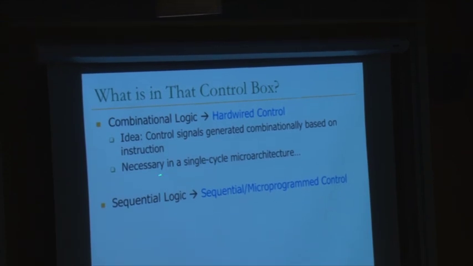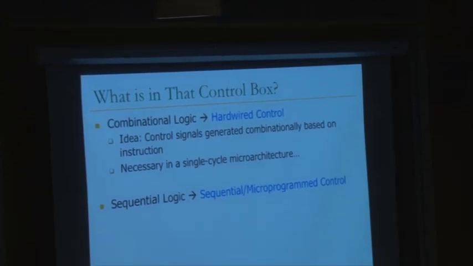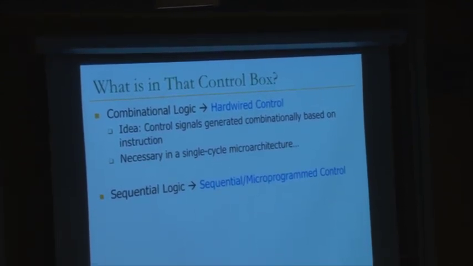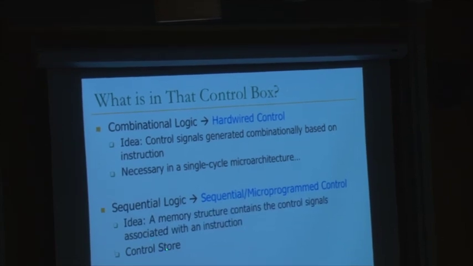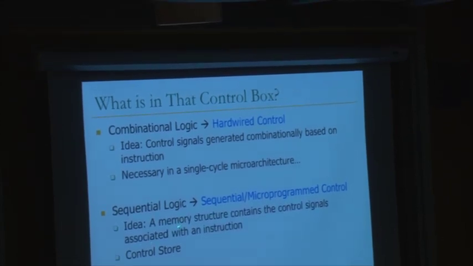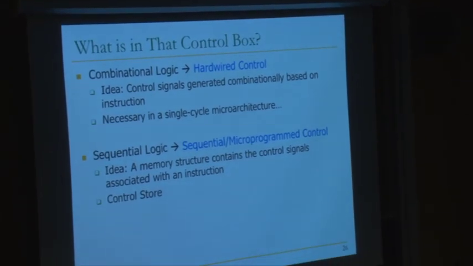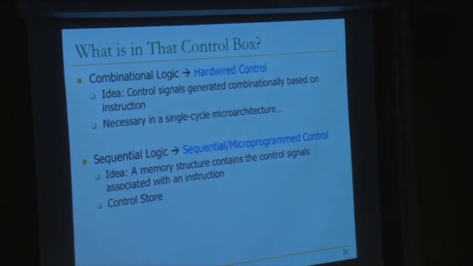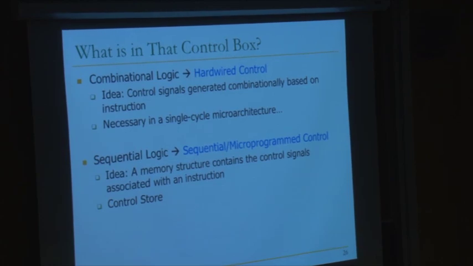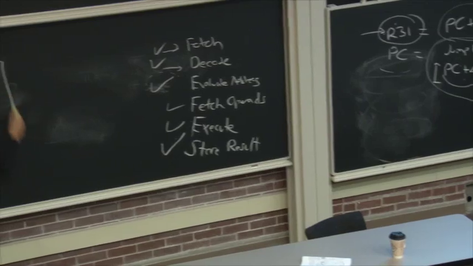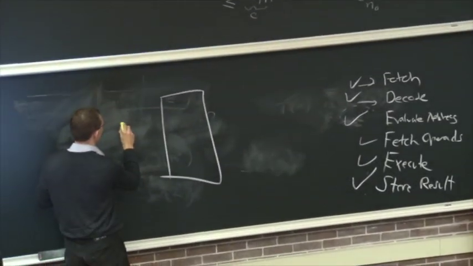The other option is to have sequential logic. This is sequential or microprogrammed control. And the idea here is to have a control store, a memory structure that contains the control signals associated with an instruction. So you cannot do this in a single cycle microarchitecture, of course, but you index into this memory, and that gives you the control signals, at least most of your control signals.